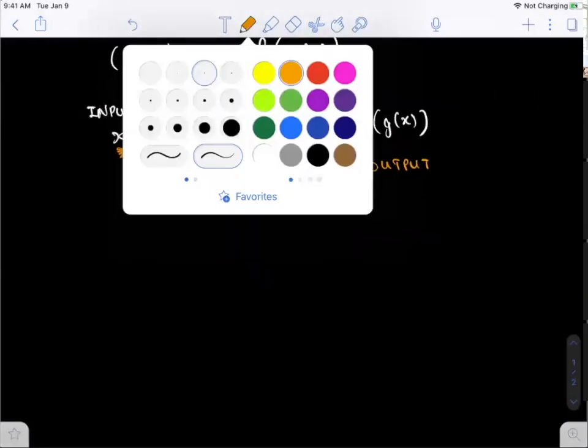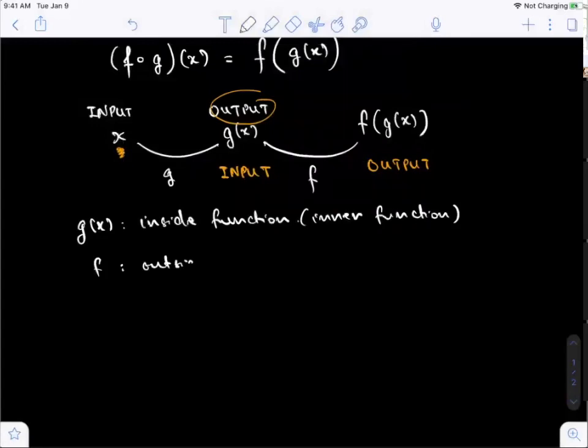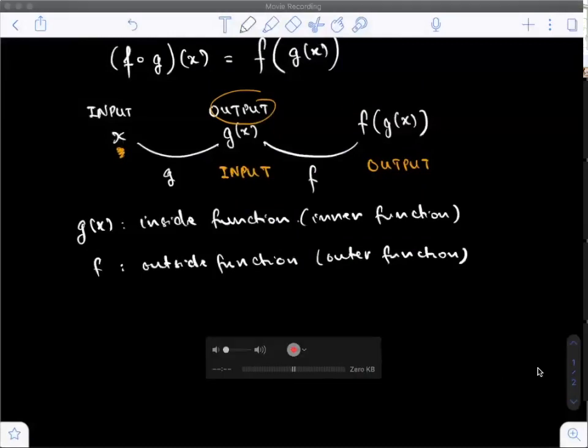And I usually say that g of x is the inside function or inner function, and f is the outside function or outer function.